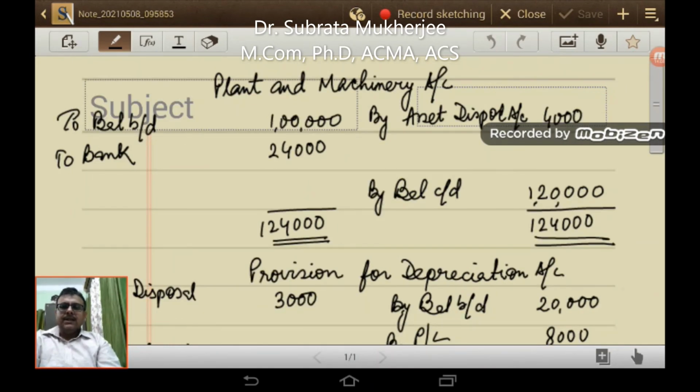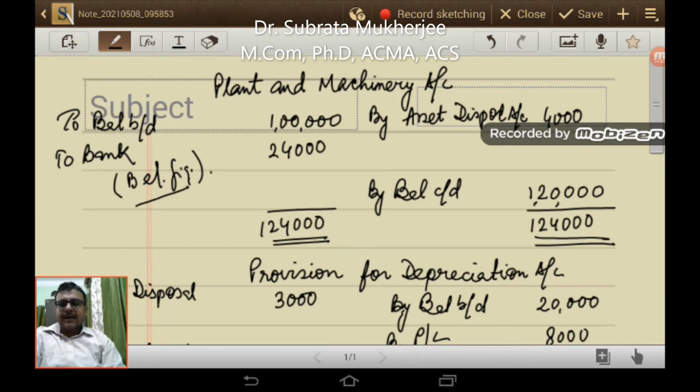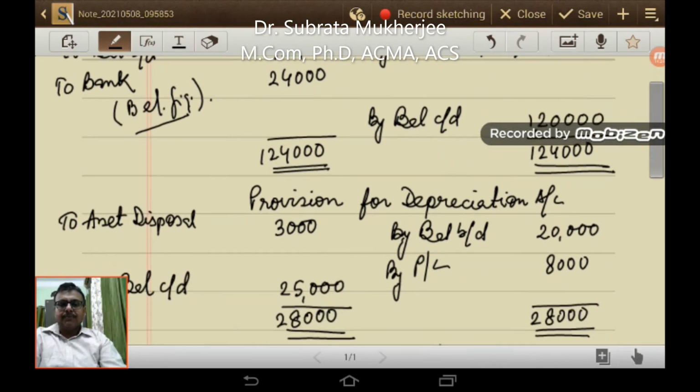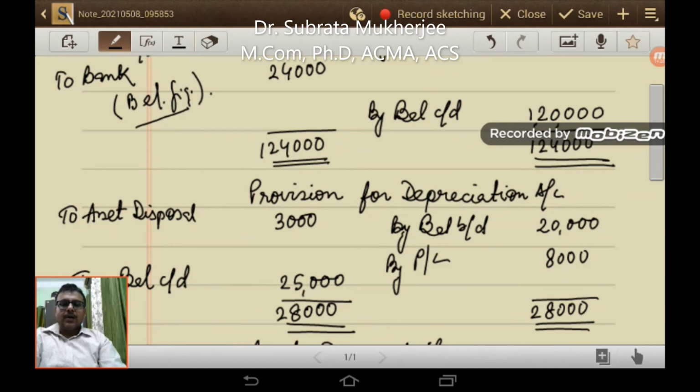The next ledger that I have closed is the plant and machinery account. The balancing figure of rupees 24,000 represents the purchase of plant and machinery. So this amount of 24,000 I will place on the application side of the fund flow statement. The next item is the provision for depreciation. The balancing figure of rupees 8,000 is the amount of depreciation for the current year.